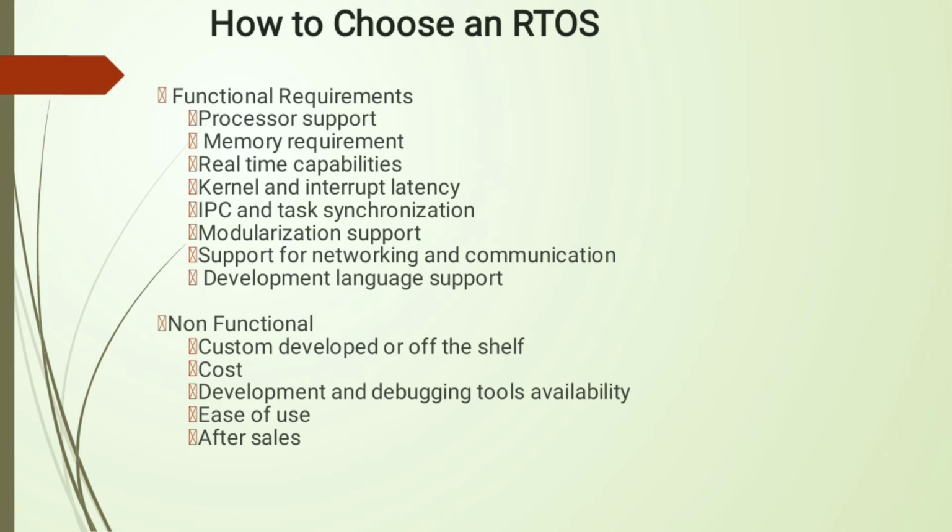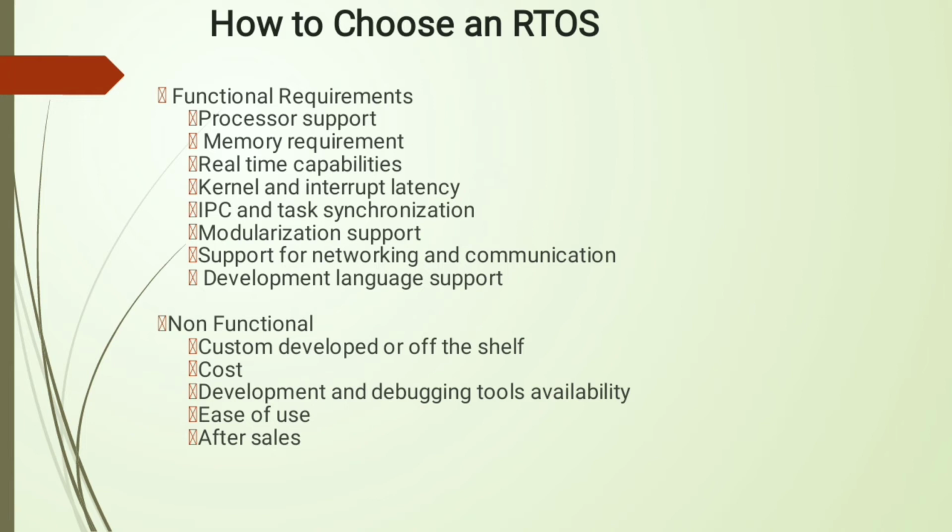So it is stored as a flash memory. So we need to make the memory requirement as minimal as possible. Okay, so that is the functional requirement, that the memory requirements should be kept as minimal as possible.